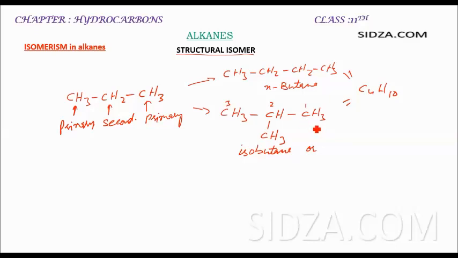So alkanes show chain isomers. You can draw different structures for the same formula, and the name is also different. This is n-butane, normal butane, or simply butane, while this one in IUPAC nomenclature is 2-methylpropane, or isobutane.